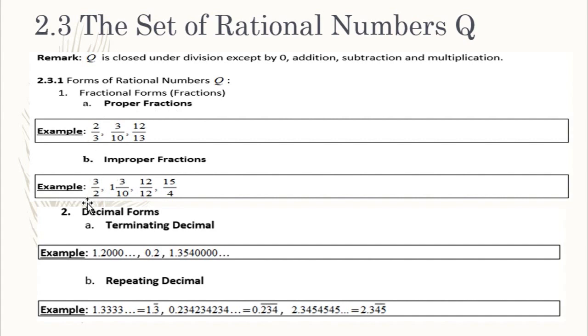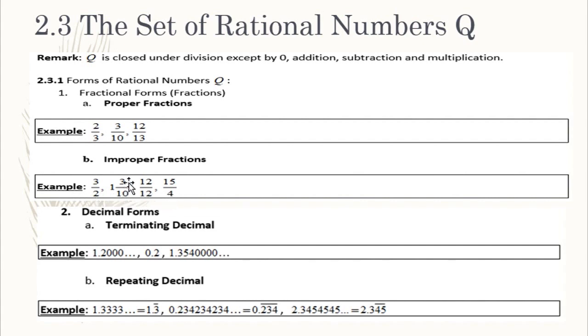Sa improper pod, these are the examples. We have 3 halves. This is a mixed number, 1 and 3 over 10, or that is 13 over 10. And we have 12 over 12, then 15 over 4. So observe that ang ato ang numerators are greater than or equal sa ato ang denominators.